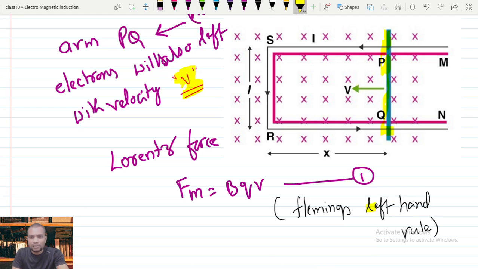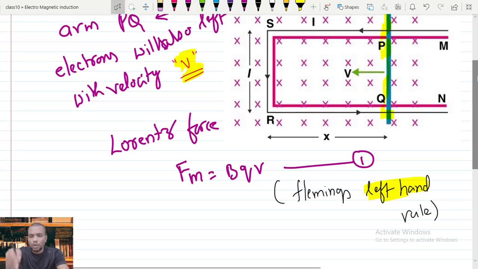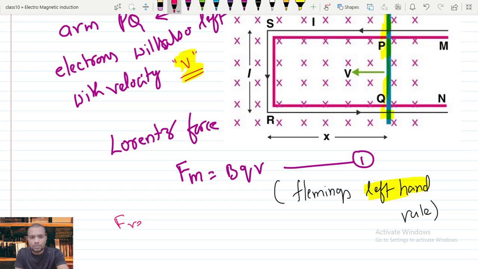Since it's a charge, we use Fleming's left hand rule to find the force. The force acts in the direction Q to P, so the free electrons move from Q to P.